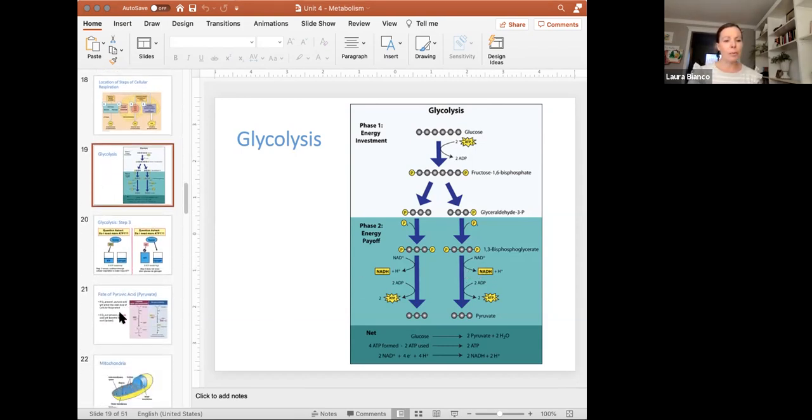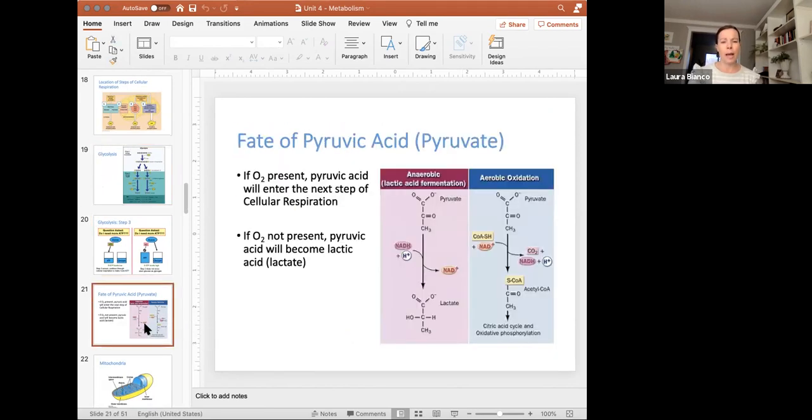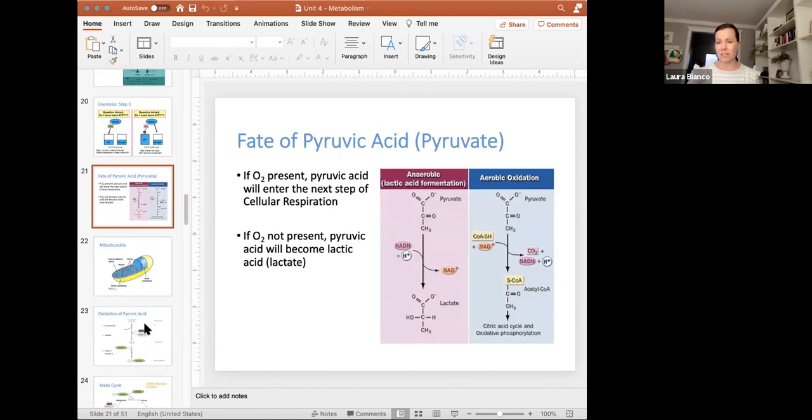So now what you have resulting from glycolysis are 2 molecules of pyruvic acid. And those are going to enter the next step of cellular respiration, as long as oxygen is present. Remember that glycolysis is the only step in cellular respiration that can occur without oxygen.